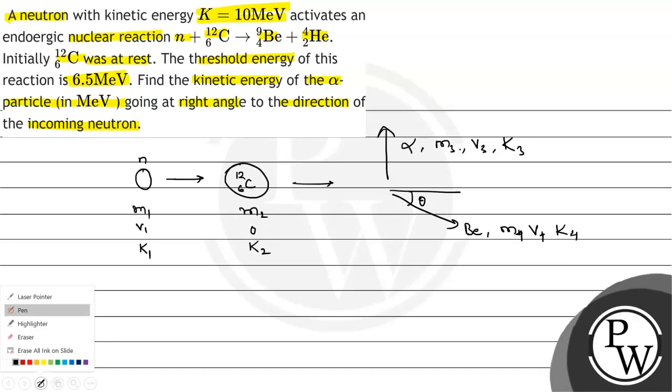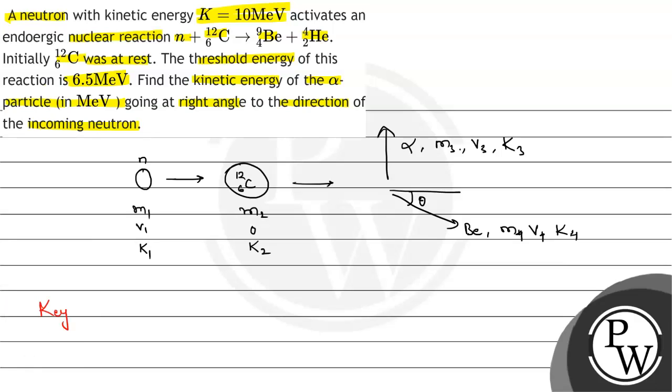Now let us first revise the key concepts behind this question. So what are the key concepts? The first key concept behind this question is conservation of energy. Why is conservation of energy applicable here? Because it is a completely elastic collision.